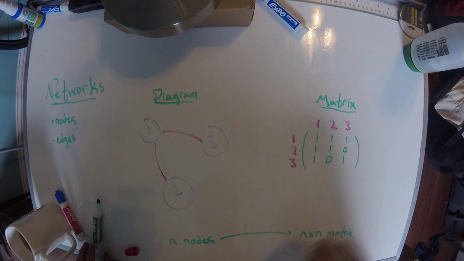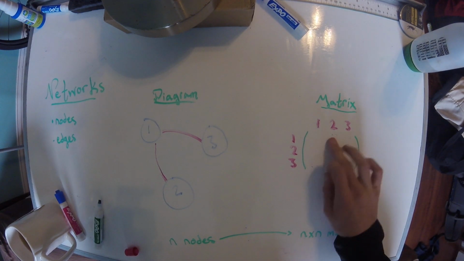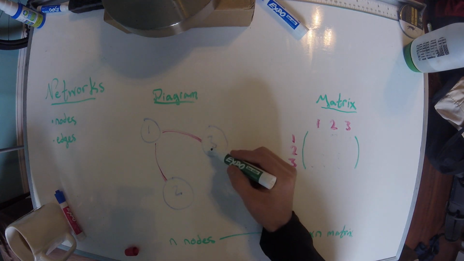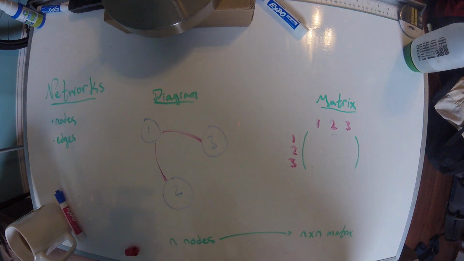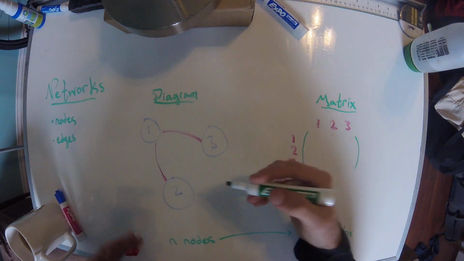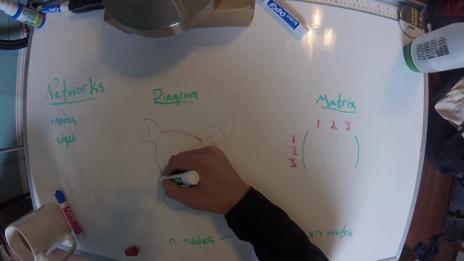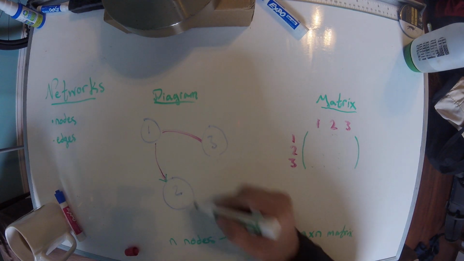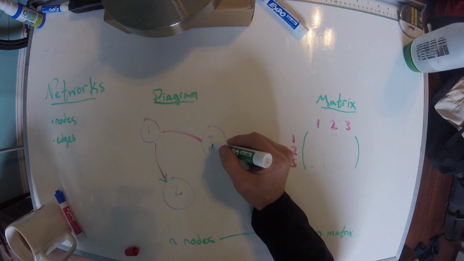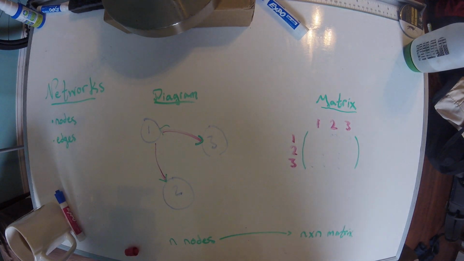So I'm going to erase these entries now. Let's pretend that instead of these just being general connections, these vertices, let's say that they're directed vertices. So let's say that 1 is connected to 2 in this direction, but 2 is not connected to 1. And then let's say that 1 is connected to 3, and 3 is connected to 1, like that.